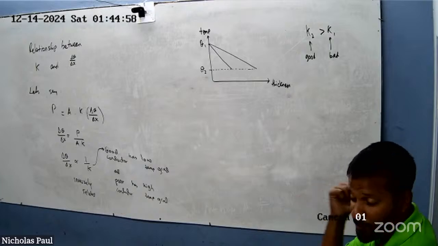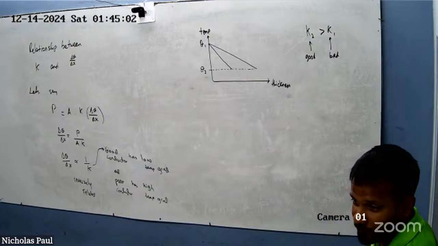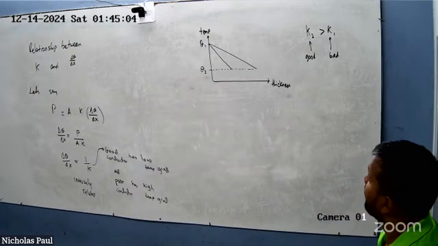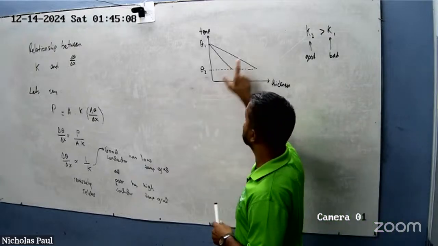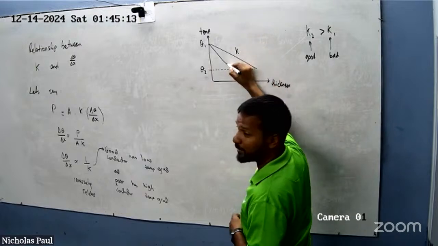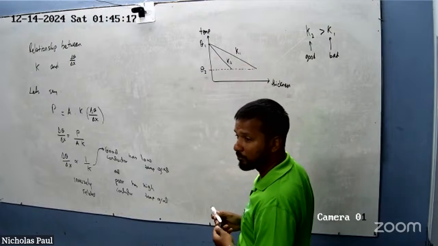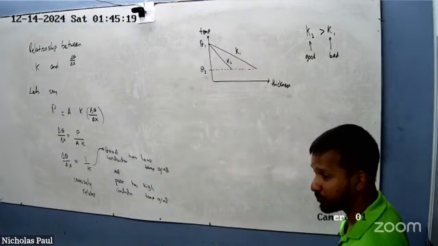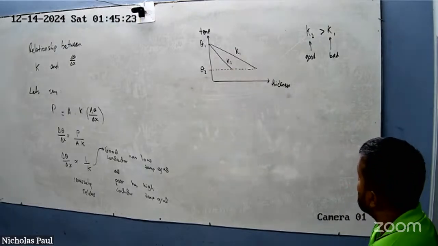Which one is the first line again? This one? So you're saying that this one is K1 and this one is K2? Opposite. A poor conductor has a high gradient, right?